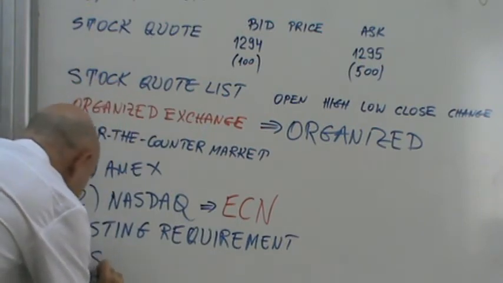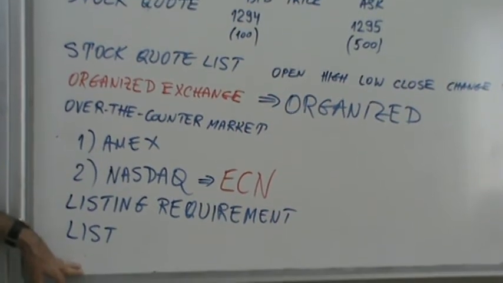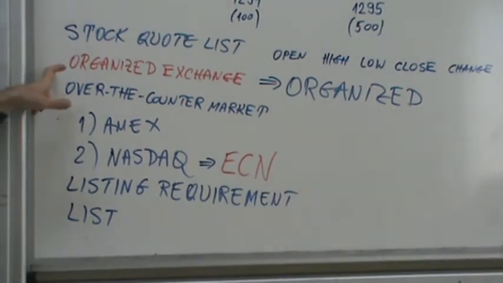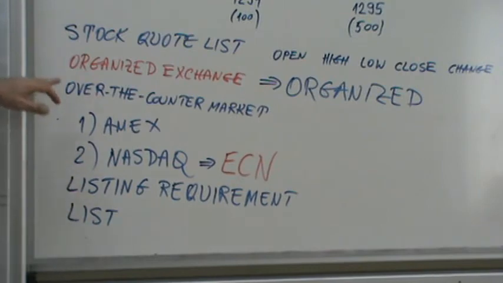So we need to say what is listing. To list means actually to trade or to accept a stock for trading on an organized exchange. So that's listing. If a stock is listed, it means that the stock is tradable on the exchange.